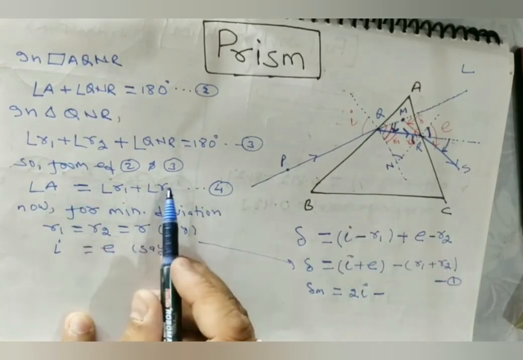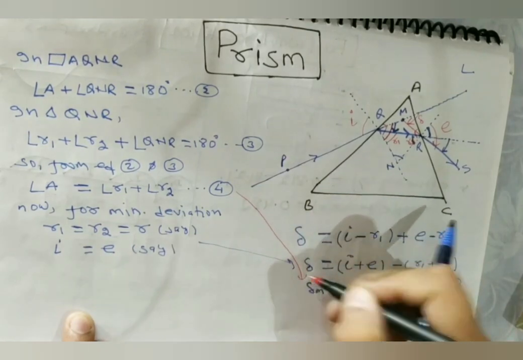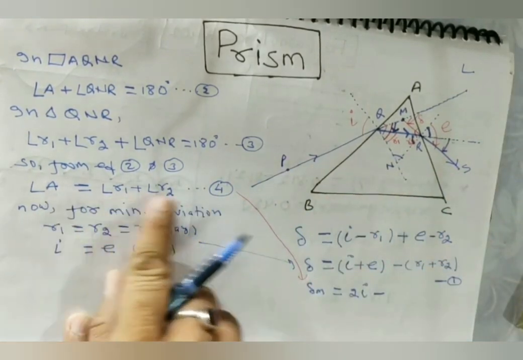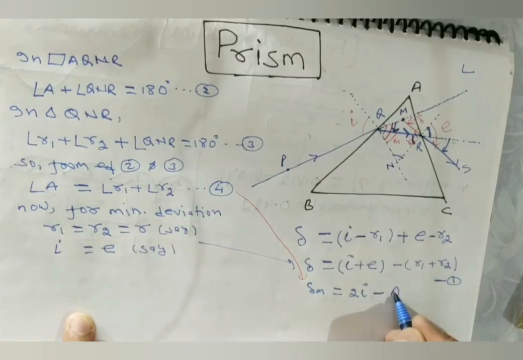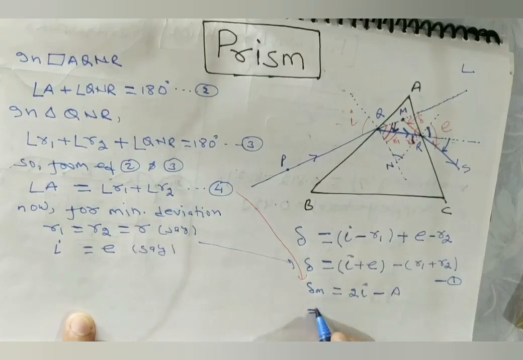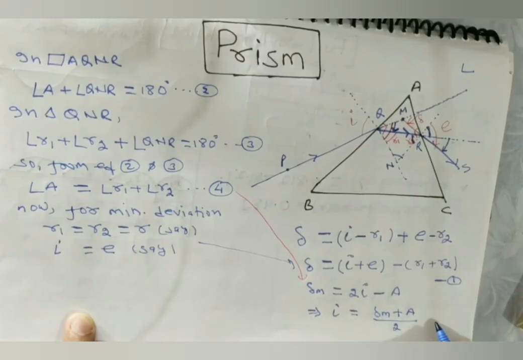R1 plus R2 is A. From this, I equal to delta M plus A by 2. This is equation number 5.